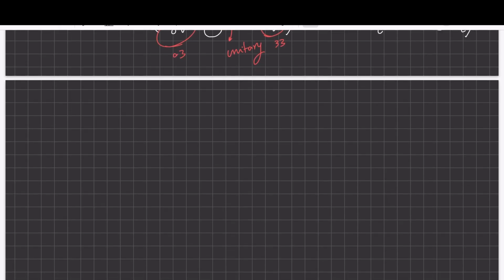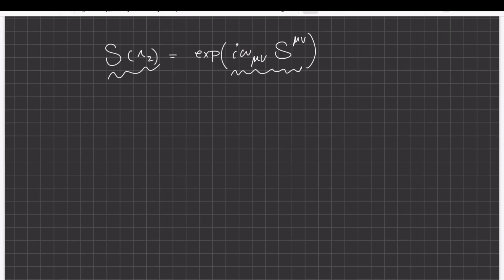Okay, now let's go to find out the form of a spinor representation of the Lorentz group. So this is the way that we are rotating or boosting the spin. We talked about this S matrix, and this S matrix has this form, omega mu nu, S mu nu.